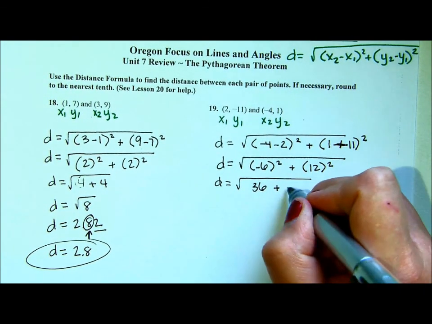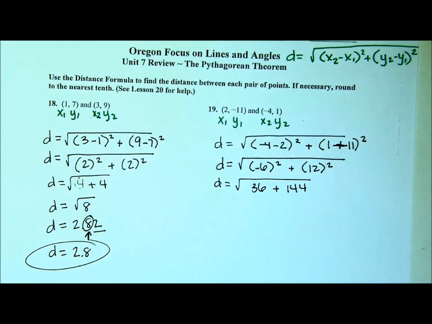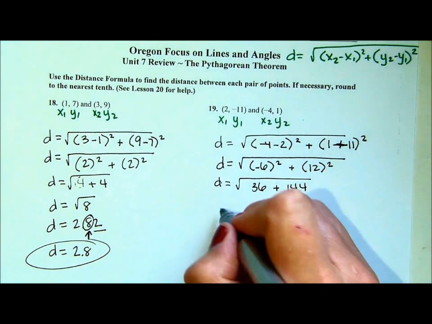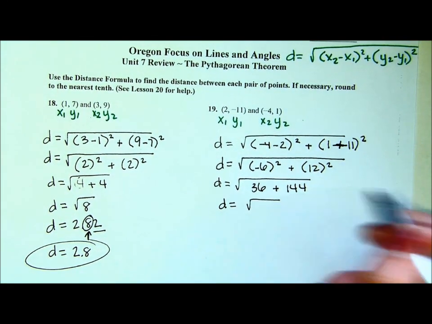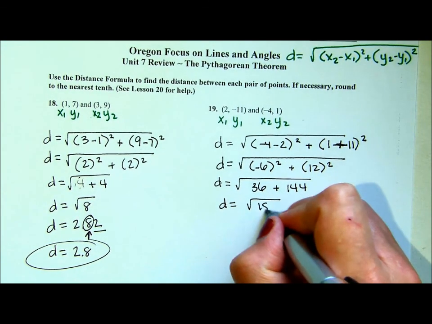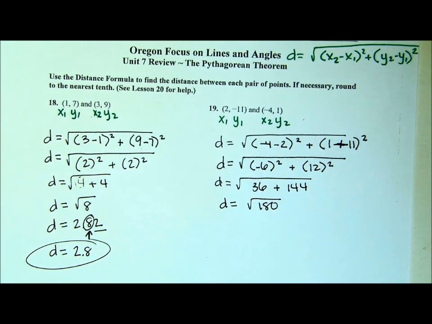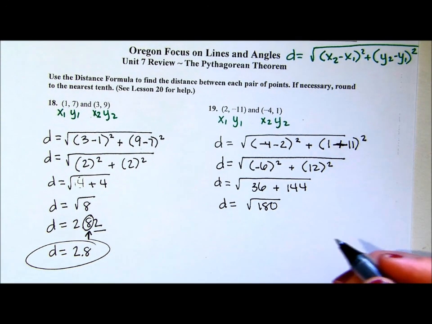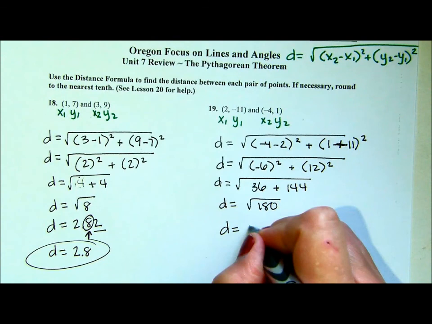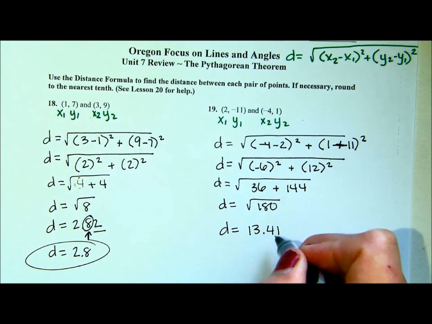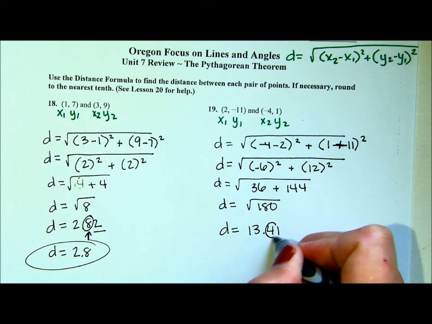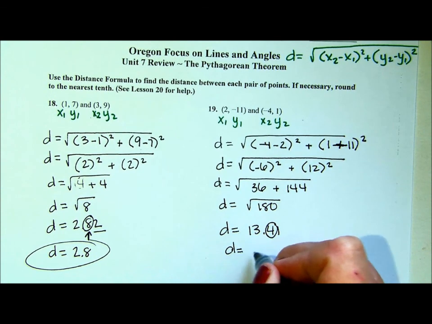So here, I'm going to get d is equal to the square root. When I add those two numbers together, we get 180. Lastly, the square root of 180 is 13.41, and we're rounding, so we're going to keep this 4 the same, so d equals 13.4, and that is it.